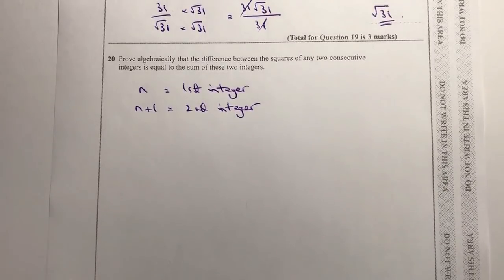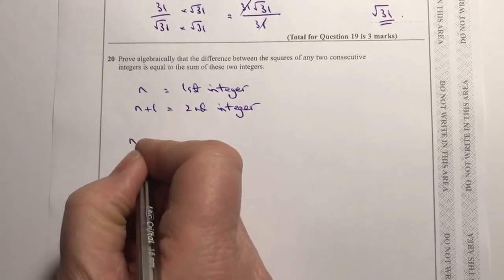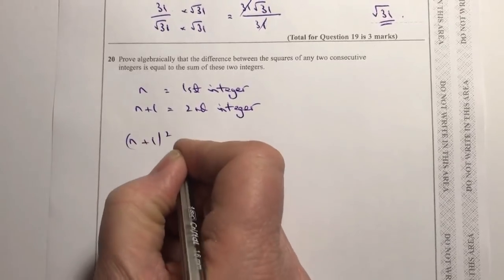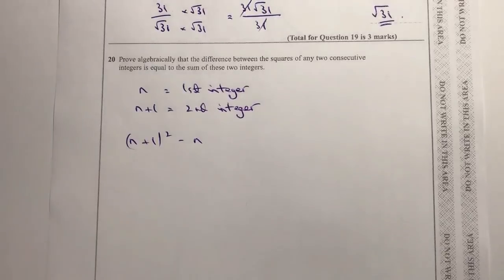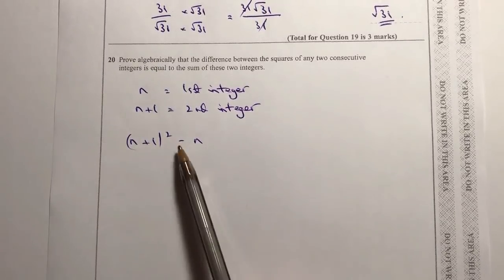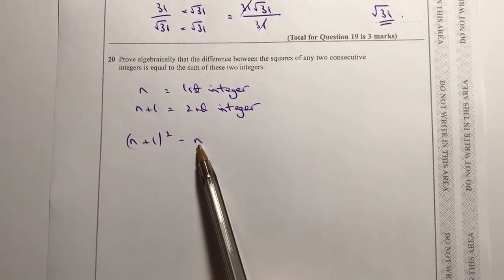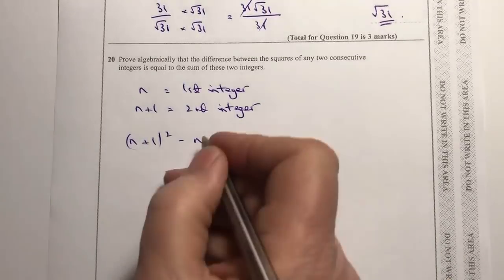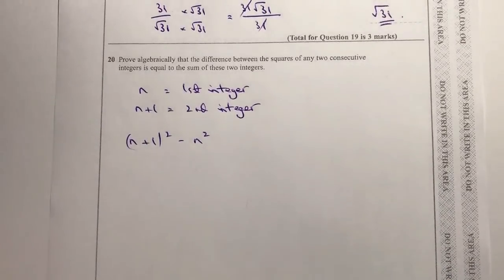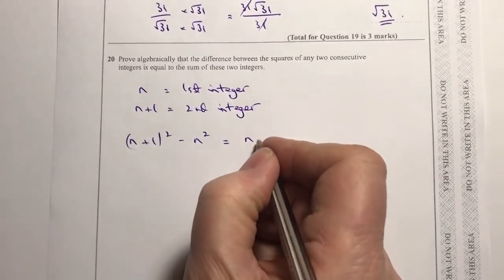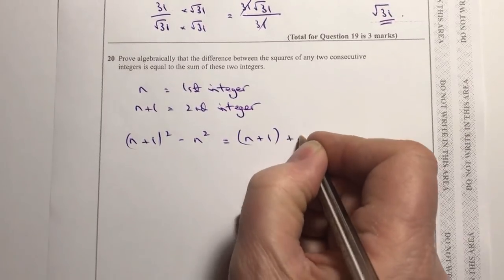The difference between the squares of any two consecutive integers. Well, let's look at the difference. So we've got n plus 1 squared minus n squared. So this is the second integer take away the first integer, the difference between the squares of the two numbers. And that equals the sum of these two added together. So it's going to be n plus 1 plus n.